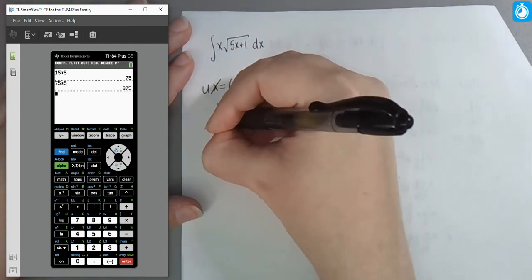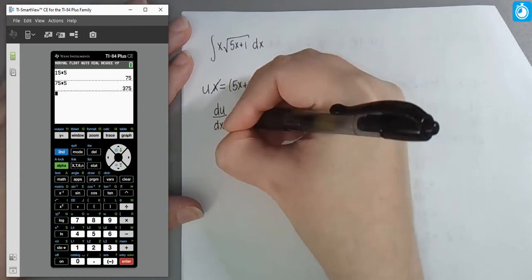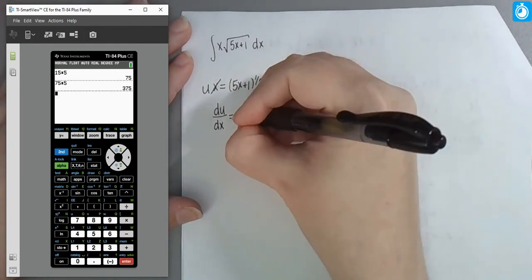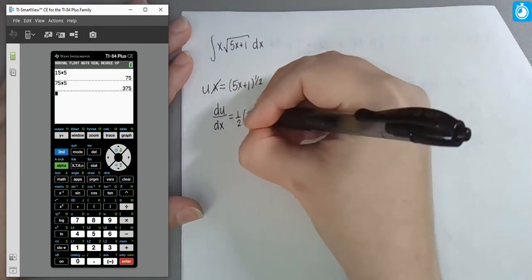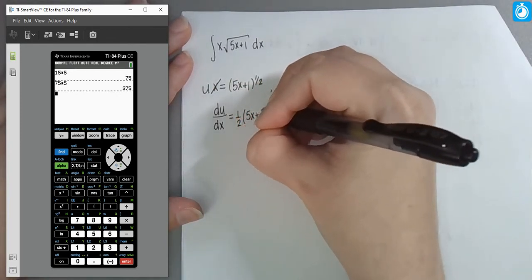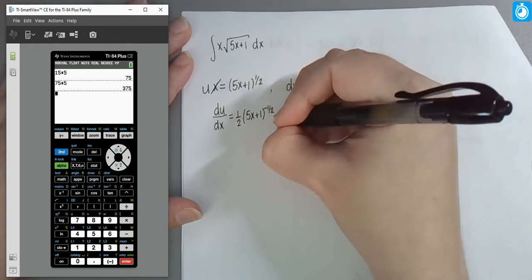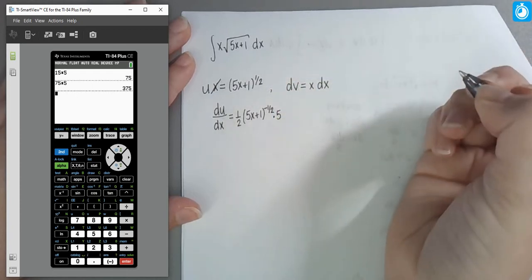Well, we would have our du dx. Now, differentiating this would require the chain rule. So we would bring down our 1/2, so 1/2 times 5x plus 1 raised to the negative 1/2, times the derivative of the inner function, which would be 5.